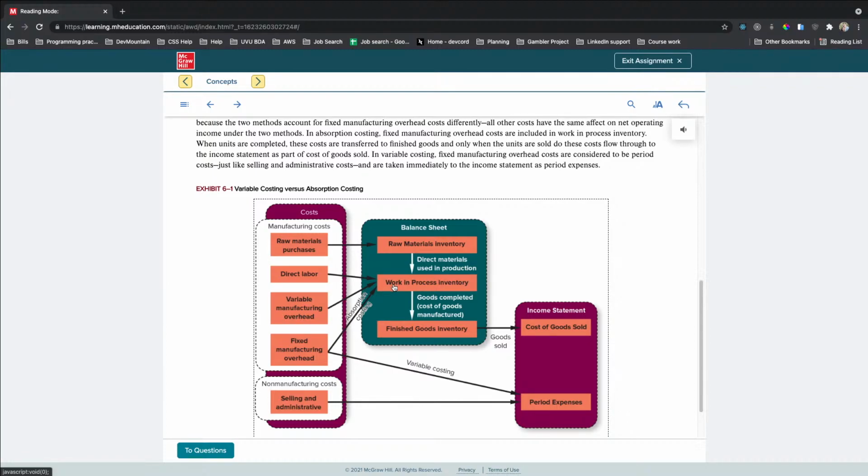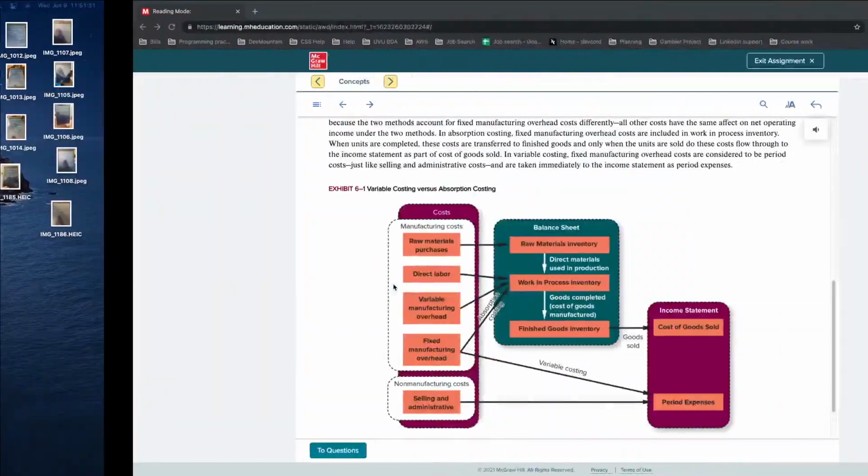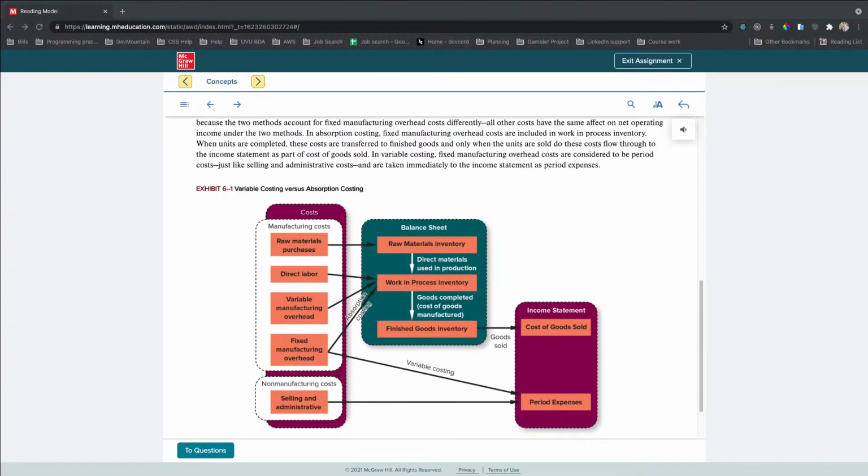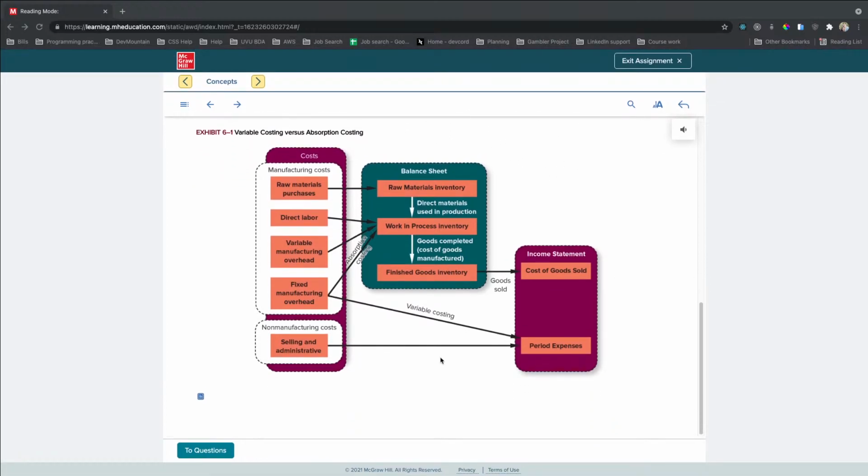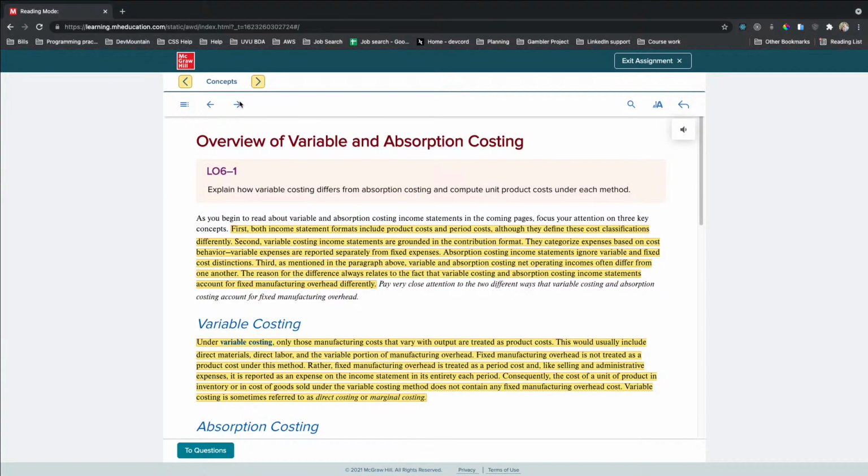I always want to say work in progress. All right. What was I saying? Fixed costs are taken immediately to the income statement as period expenses. Cool. Next page.